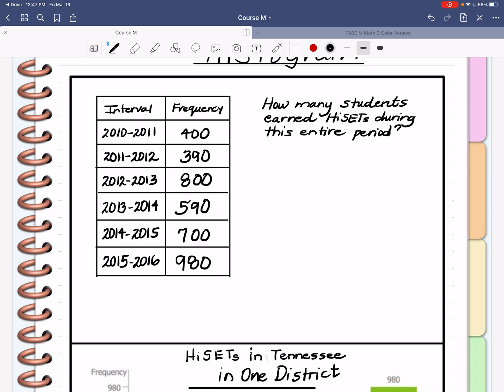What's the clue word, the key word in there? Whoops, I didn't mean to erase it. I meant to highlight it. Entire. So what is that telling me to do? Add them up.